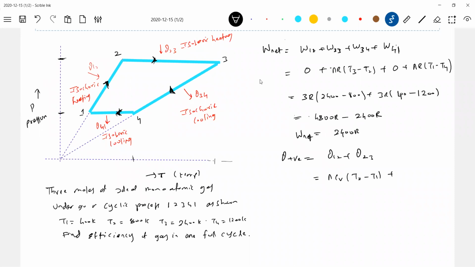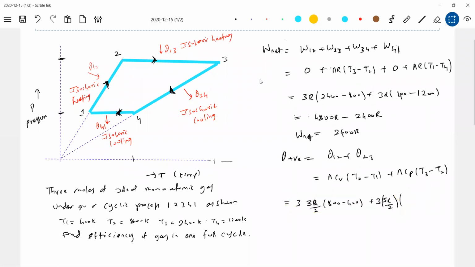In an isochoric process, what is the heat absorbed? nCV delta T. In an isobaric process, what is the heat absorbed? nCP delta T. What is the value? 3R by 2, monoatomic gas, 3R by 2, into T2 minus T1, 800 minus 400, plus 3 into 5R by 2, in the bracket T3 minus T2, 2400 minus 800.